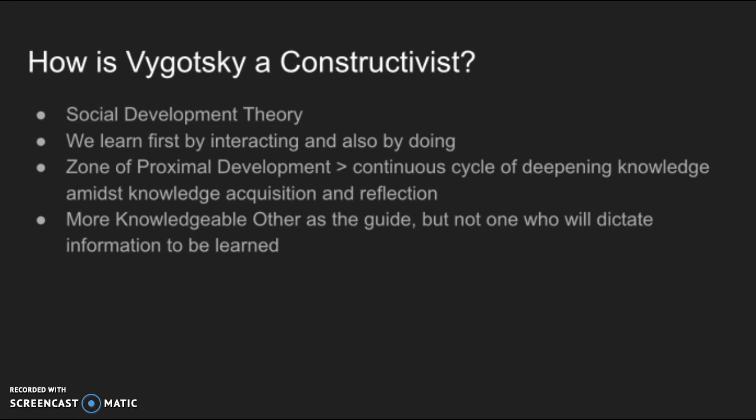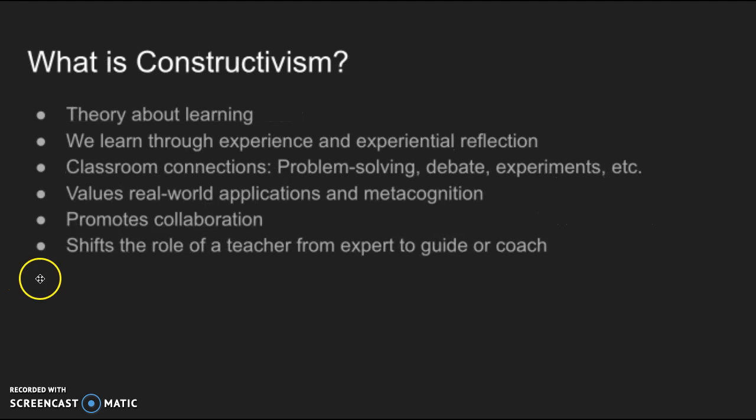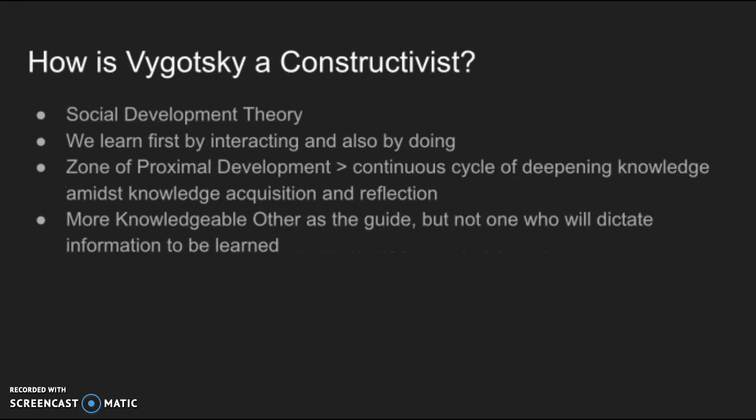So it's constantly expanding and growing. And then, as we said in the last slide too, when we were discussing this shifting role of a teacher from the expert to the guide, that now we are represented as a more knowledgeable other.